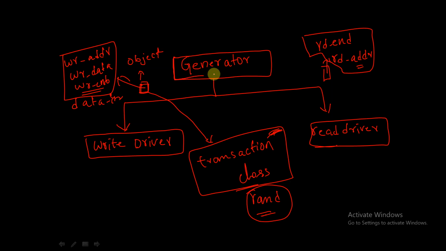In the generator class we are going to create the instance of this transaction class, create the object, and pass this object to the write driver and read driver.